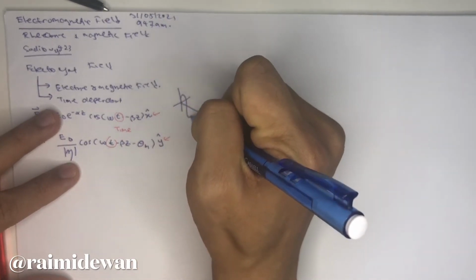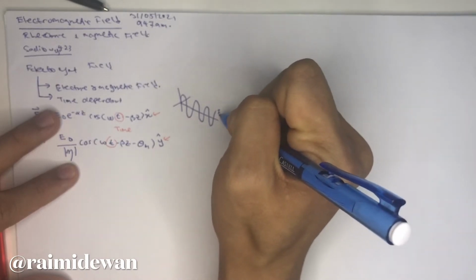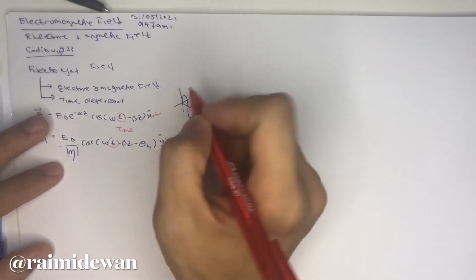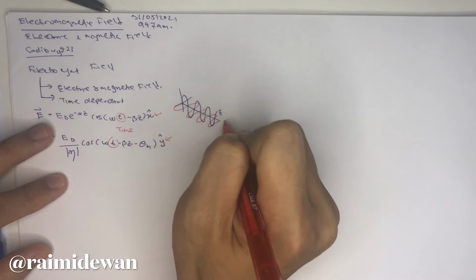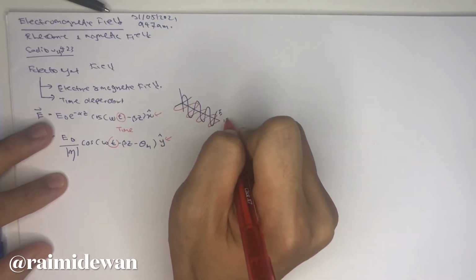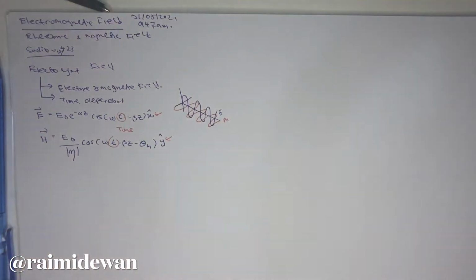I think you learned this from school. Let's say this is your E, then your magnetic will be orthogonal, your electric and your magnetic.